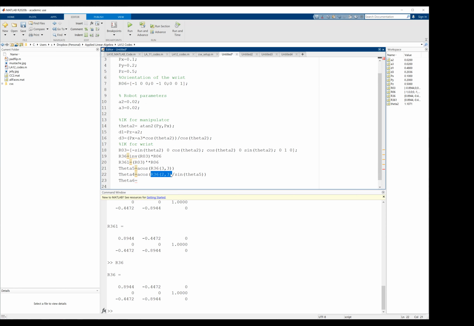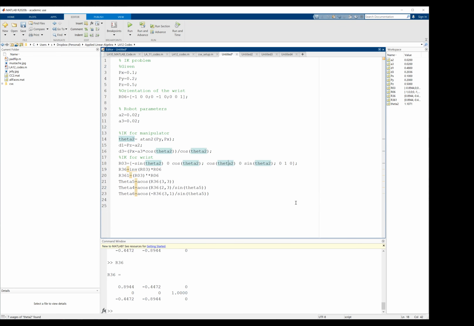R36, but now what I need to do is third row, first column, divide that by sine theta 5, since we know theta 5, and there is a negative sign, so minus, and then do a cosine of this quantity.